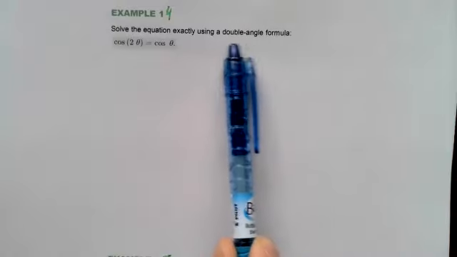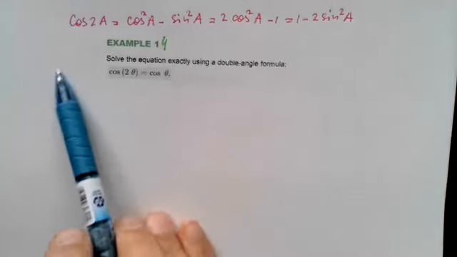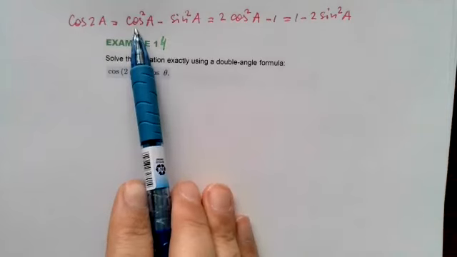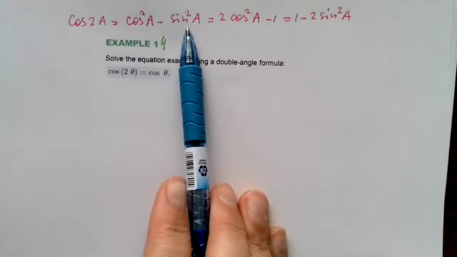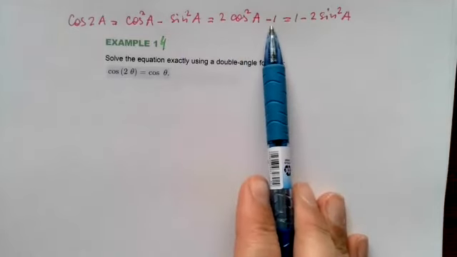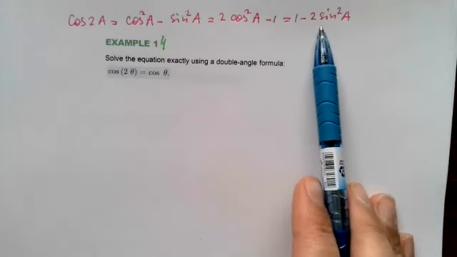And those formulas are actually what they told you here. So what are those formulas? Let's recall them. Here they are. The cosine of 2A can be written as cosine squared A minus sine squared A, or 2 cosine squared A minus 1, or 1 minus 2 sine squared A.